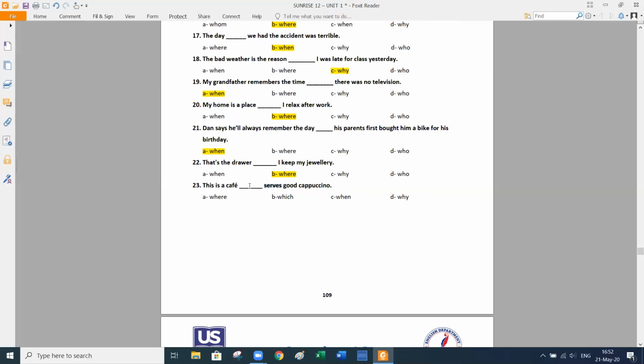So the cafe here is not a place. We are not referring to it as a place. We are referring to the cafe as the subject. And the only possible answer is which, because we don't have that. That is possible, but it's not among the answers here. So the answer is which.